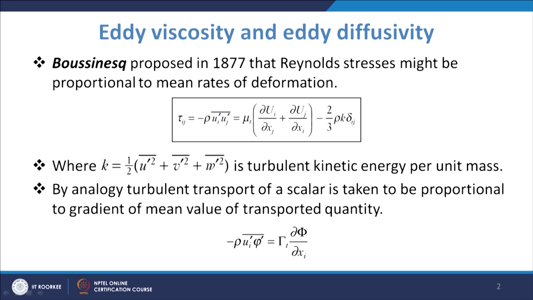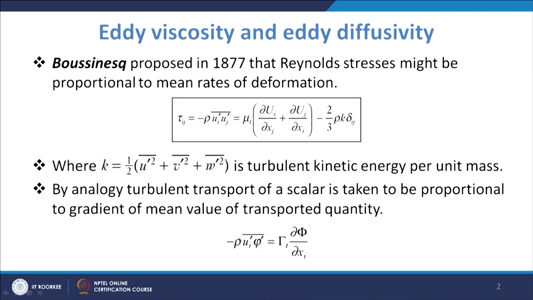So, in that case this is expressed when you have this tau ij. Now, in this case k is the turbulent kinetic energy, and it will be half of u prime square plus v prime square plus w prime square. So, this is basically turbulent kinetic energy per unit mass.